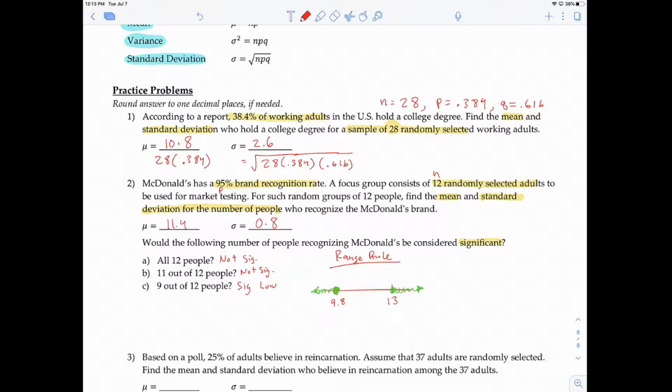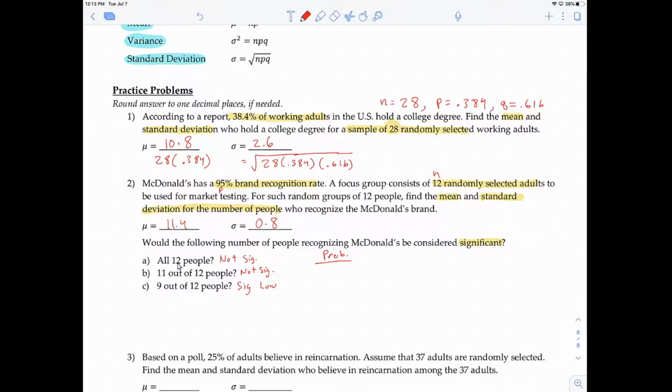So now let's move on to using probabilities to determine whether something is significantly high or low. With probabilities, we need to first look at where that number is in relationship to what we expect. So for example, the first thing is we know we expect 11.4 people to recognize McDonald's when 12 people are selected.